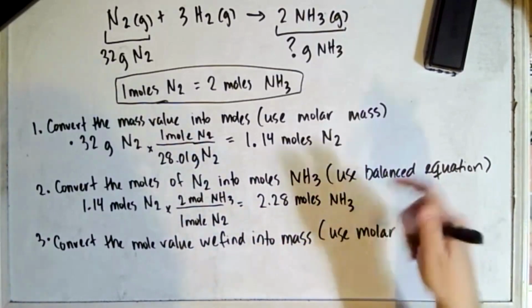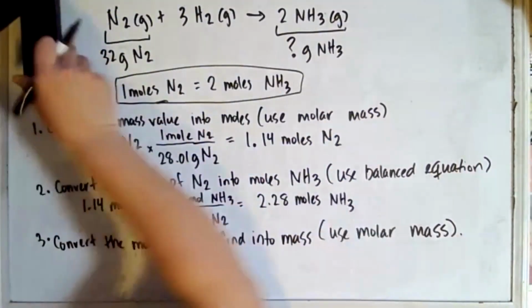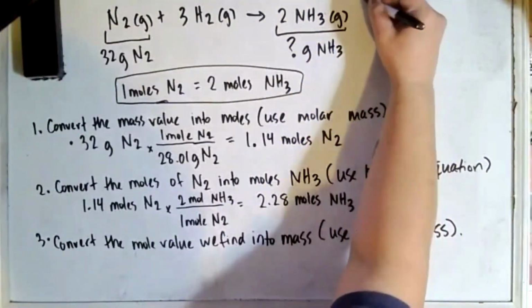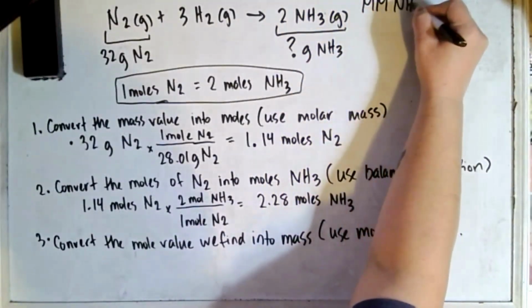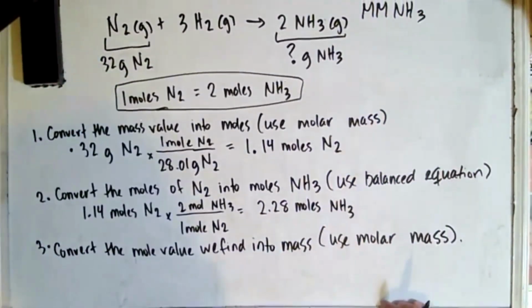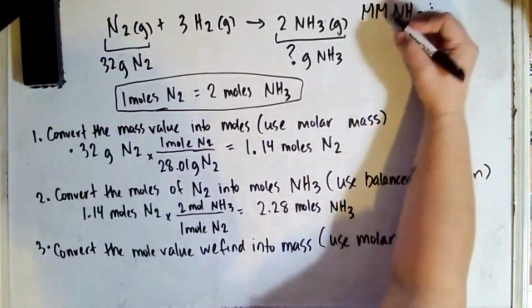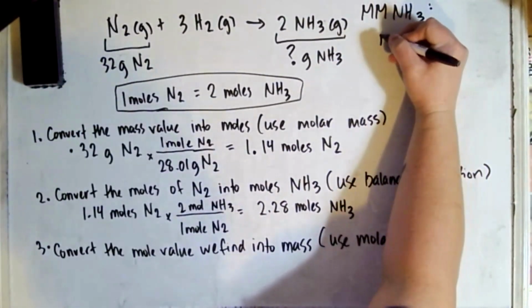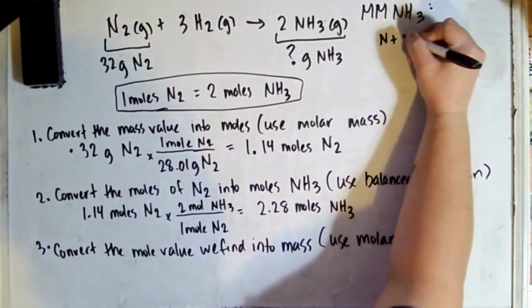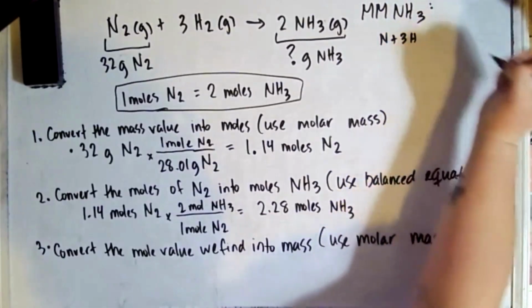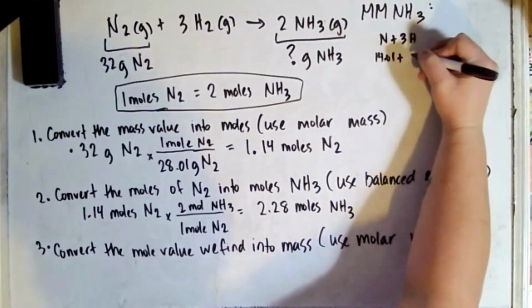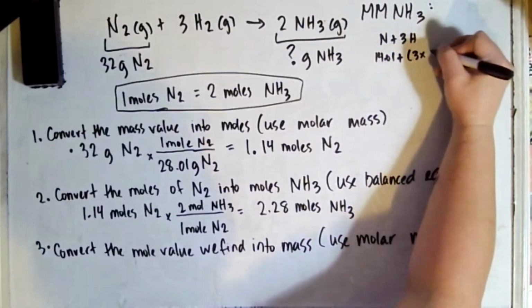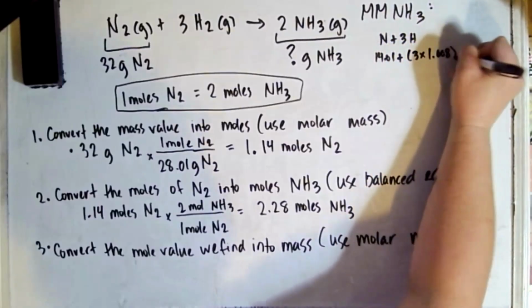The molar mass for NH3, we can count it up here. The molar mass for our NH3 is going to be 1 nitrogen plus 3 hydrogens, right? So 14.01 plus 3 times 1.008.